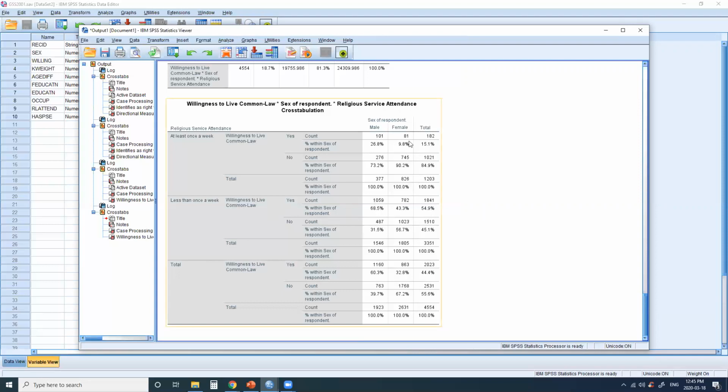So the probabilities changed as well. So there's still a gap between the sexes, but the gap diminishes for those who attend religious services at least once a week. And so that suggests that the nature of this bivariate relationship is different for different categories of our control variable or moderator variable, which is religious service attendance.